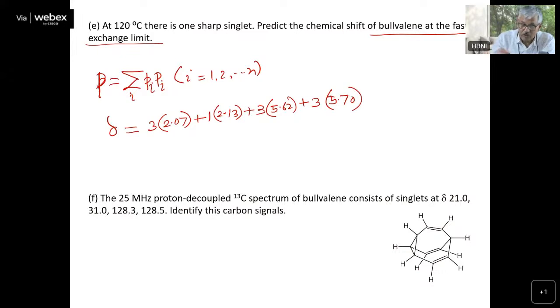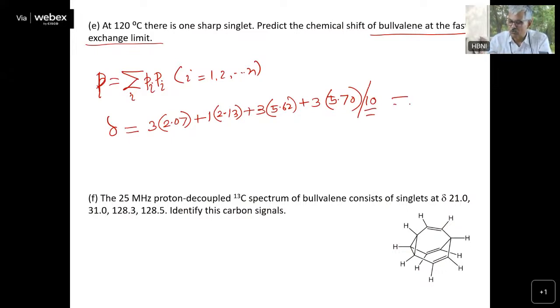Now how many total protons are there? 10. So it will be the weighted average of the chemical shifts of all protons. It is nothing but the weighted average of the chemical shifts of all the protons. So total protons are 10 and these are the chemical shifts.